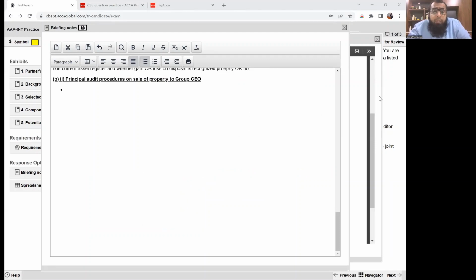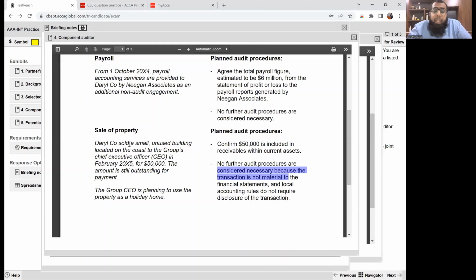Now, if we read the transaction again so that we can determine the procedures, Darrell Company sold a small unused building located on the coast to the group CEO in February 2005 for $50,000. The amount is still outstanding for payment. The group CEO is planning to use the property as a holiday home. Now, the planned audit procedure is just to confirm the balance in receivable with current assets.